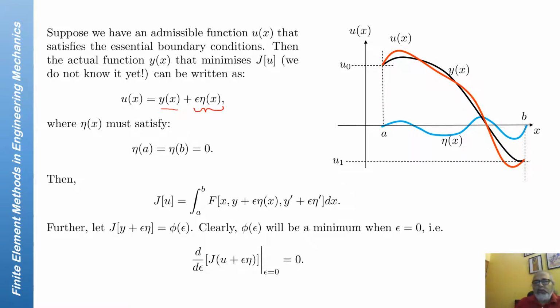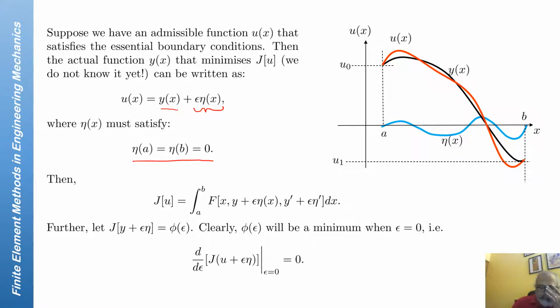Now my condition becomes that eta, this cyan function, should be 0 at a and b, where essential boundary conditions are satisfied. If I do that, then u(x) will of course be admissible.